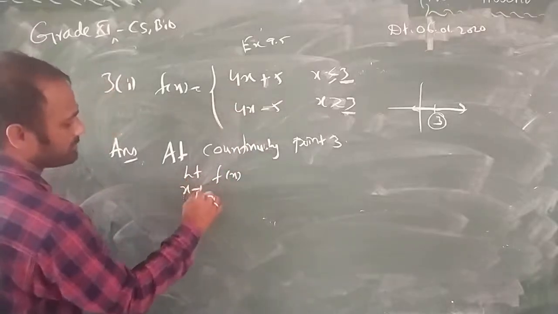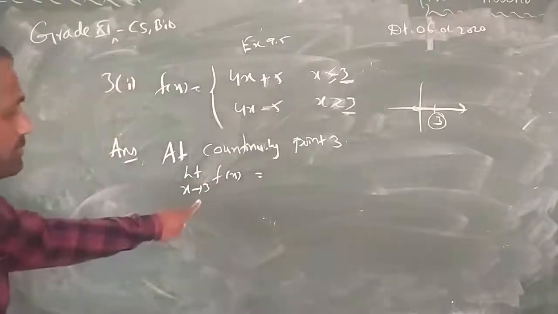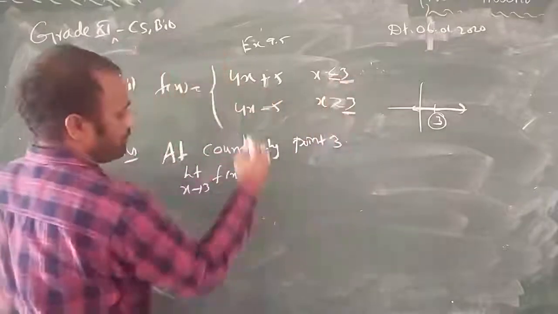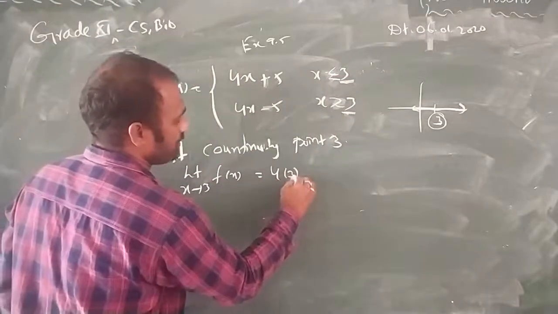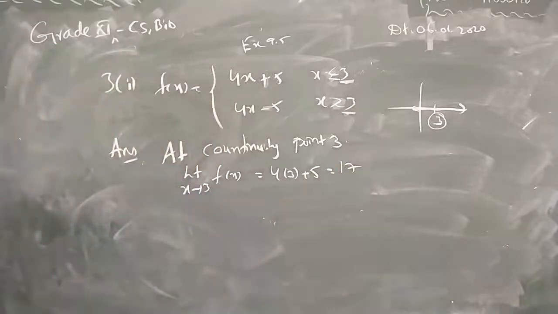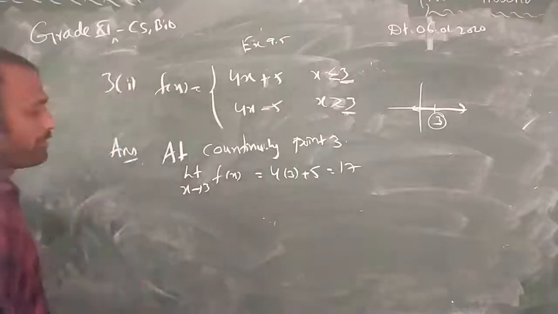Limit x tends to 3 of f of x is equal to, if I substitute 3, it is possible here. That is 4 into 3 plus 5, which is 12 plus 5, which is 17. So the function value we got is 17.